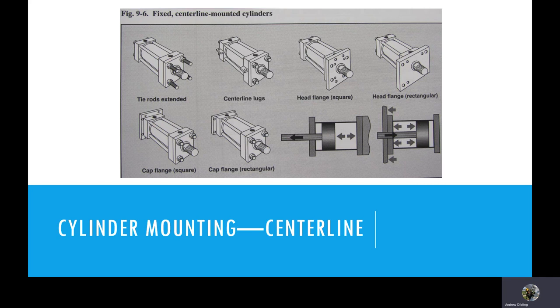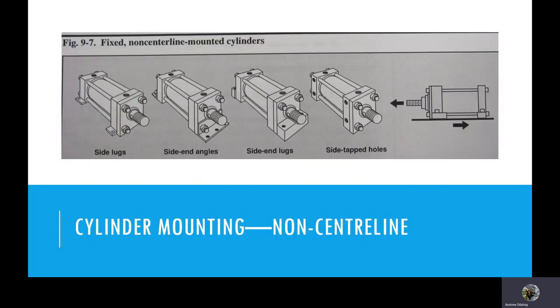Very simple, and very easy to use. If I have a non-centerline cylinder here, these are ones that have different brackets on them and different side lugs, and they will have some difference in how they stroke from the centerline cylinders. There'll be some deflection in that.